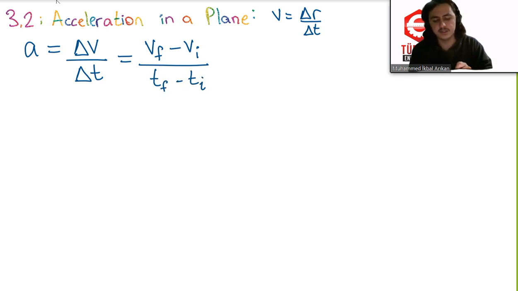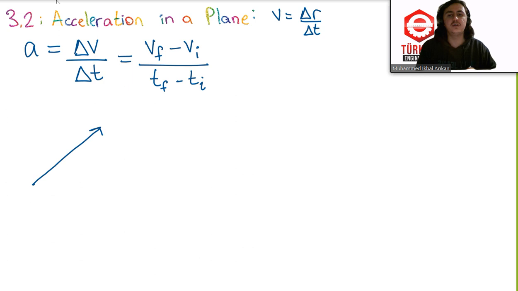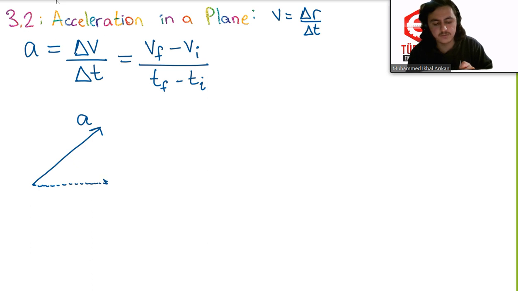Actually, when you put acceleration in two dimensions, you will have two components of acceleration. So this is my resultant acceleration. If I'm moving in this path by an acceleration, I must have two components of acceleration, one of them in this direction, so it is ax, and the other one will be ay, which is acceleration in y.